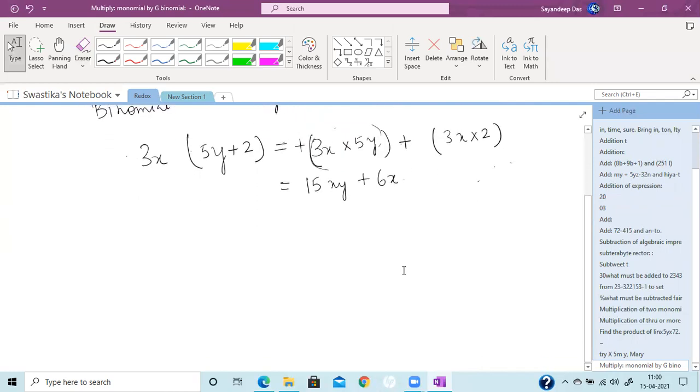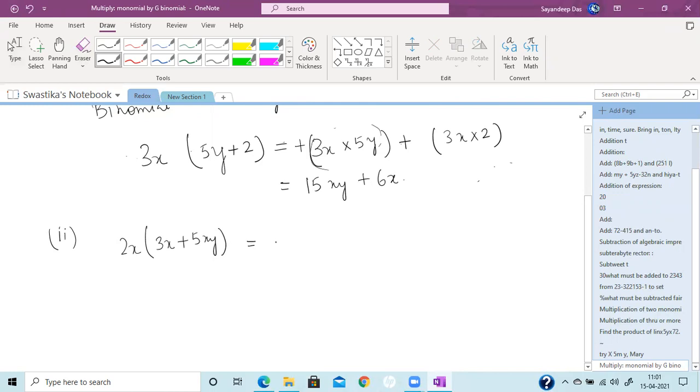Now we will take one more problem. Second problem. Suppose you are asked to multiply 2x, which is a monomial, with a binomial, that is 3x plus 5y. So how do you do this multiplication?